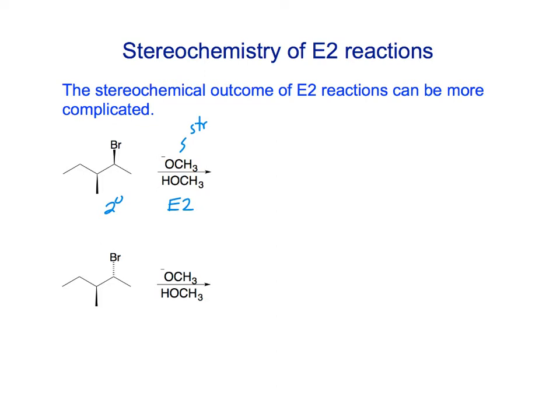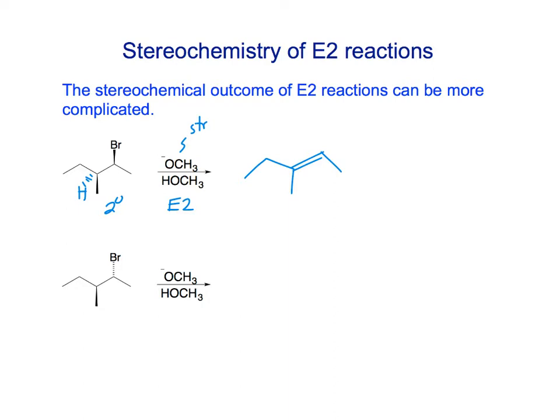The reaction should follow Zaitsev rules, so that tells us that the elimination should go to the beta position that's more highly substituted. So it's this hydrogen here that should be lost in the reaction. So the reaction proceeds, and we get just what we would expect, the most stable product.